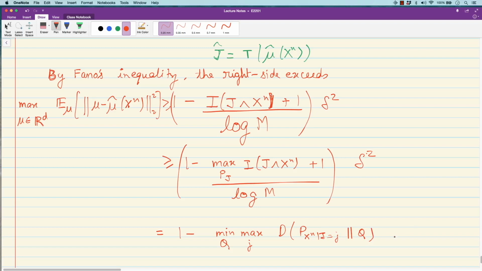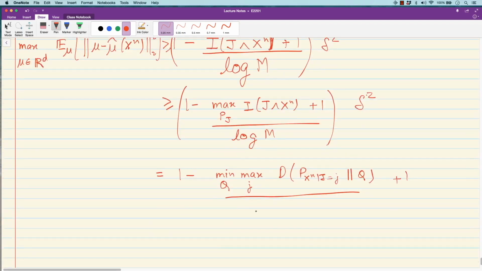Okay, this is the bound for this quantity, plus 1 by log m.